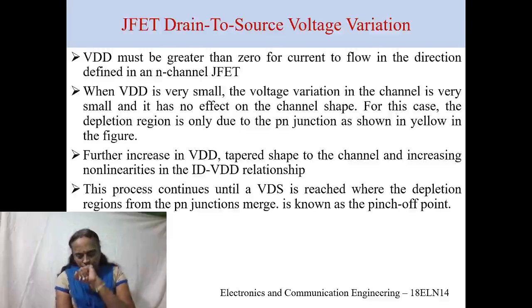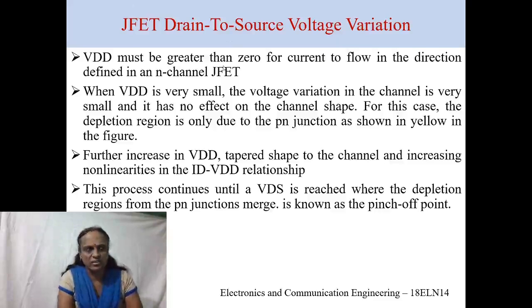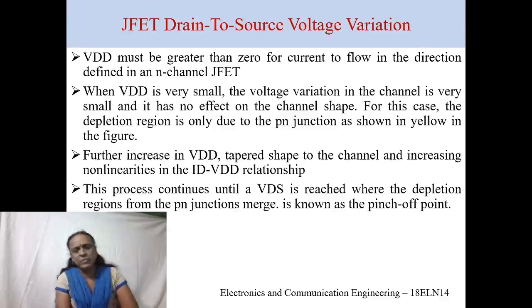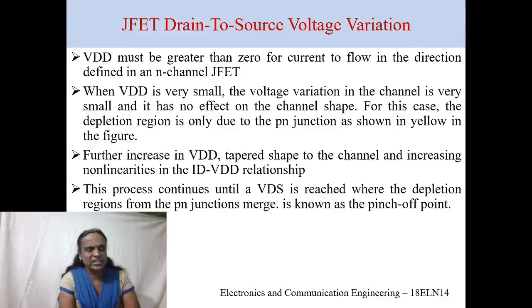Next we see how the JFET varies with the drain to source voltage also. Remember that JFETs have only one mode of depletion region. Now here, for the JFET drain to source voltage variation, the drain voltage VDD should be greater than 0.